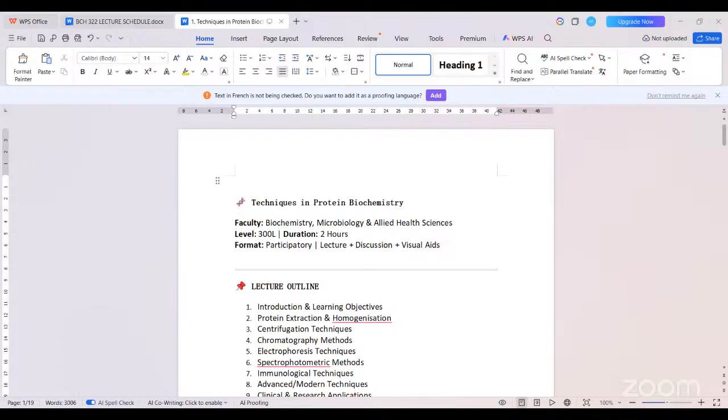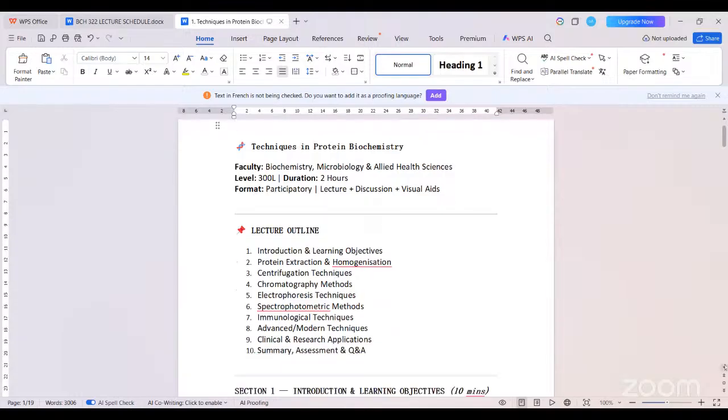Now, what are the techniques that are often used in protein biochemistry? That is exactly what we are here to find out. By the end of this lecture, we hope to have gotten one or two points on each of these separation techniques.